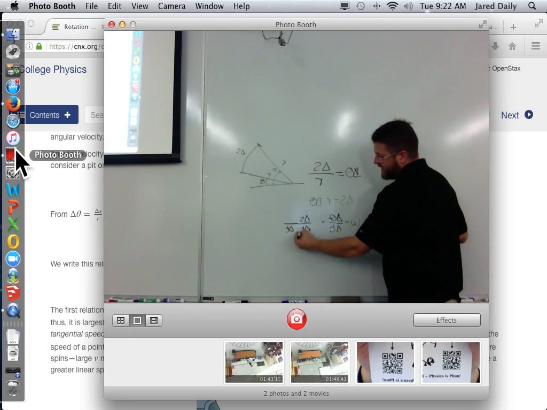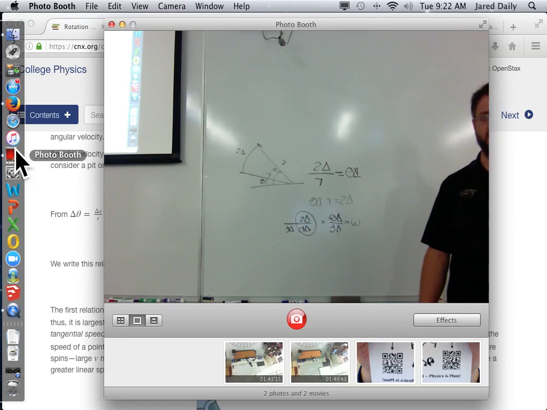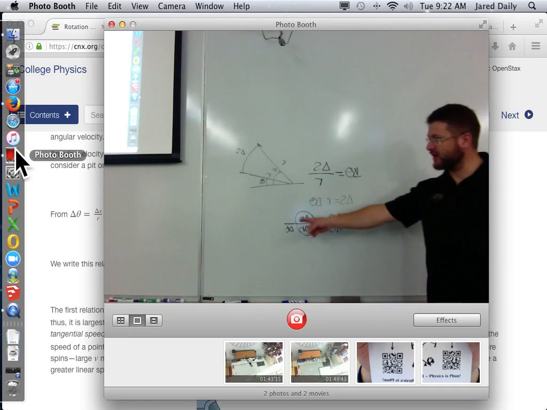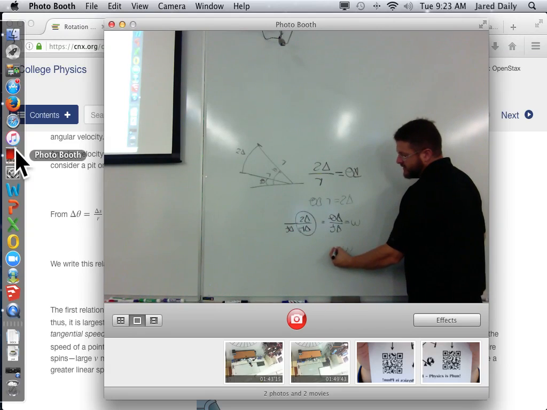Then we have a speed, the speed along the edge of this path length. So omega equals the speed along the edge of the path, which we'll call the tangential velocity, v tangential.